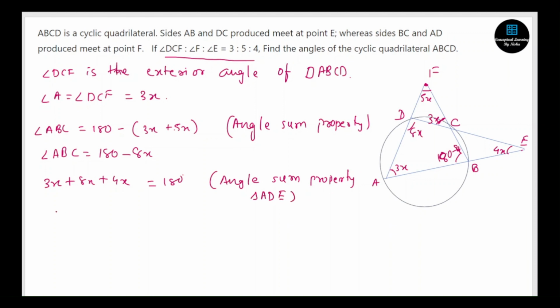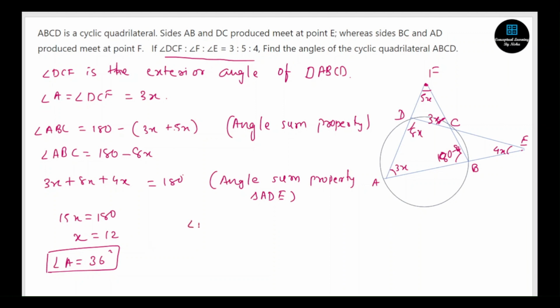Now we'll get 15x equals 180, so x is 12 degrees. Once we get x, I can say angle A equals 36. So I can find angle A.